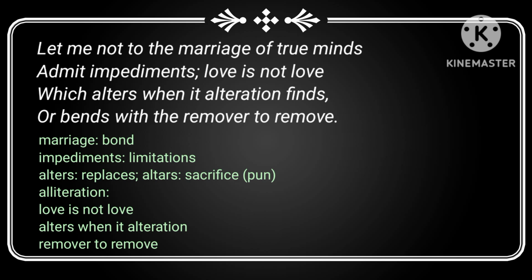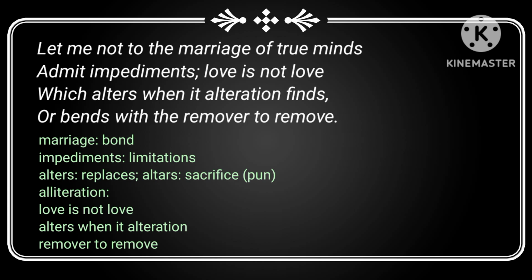He tells the readers that the theme of the poem is love, the marriage of minds. Marriage here refers to the bond, the unification of two people, the friendship. He says that this unification is true, loyal, flawless, and without any limitations.